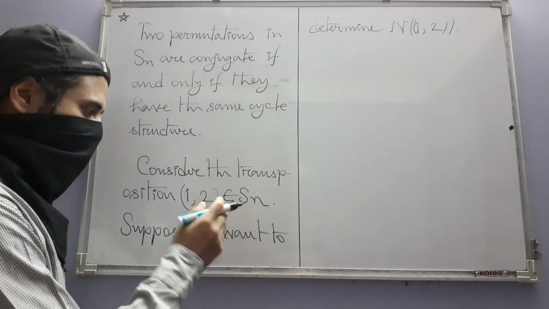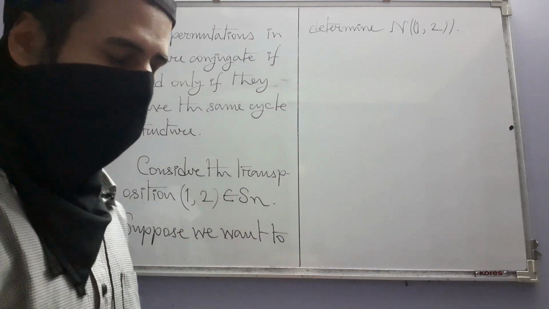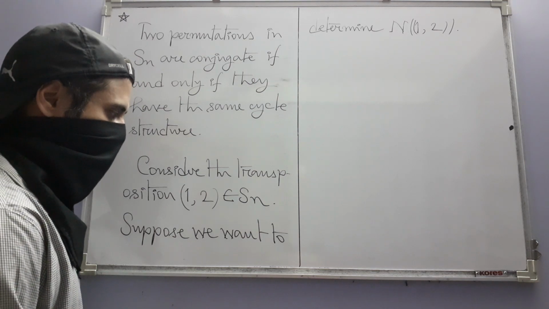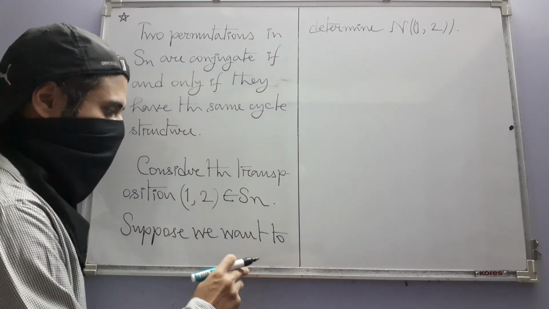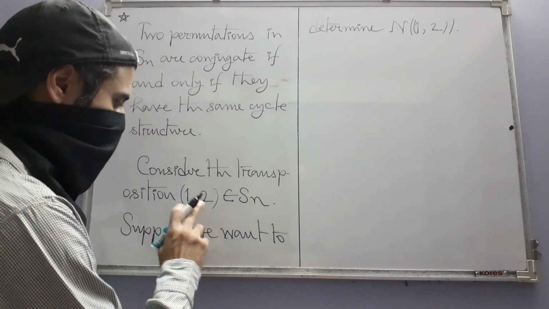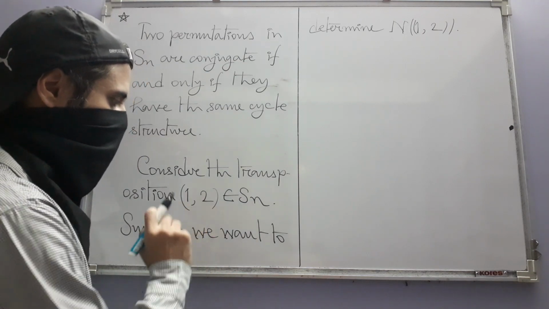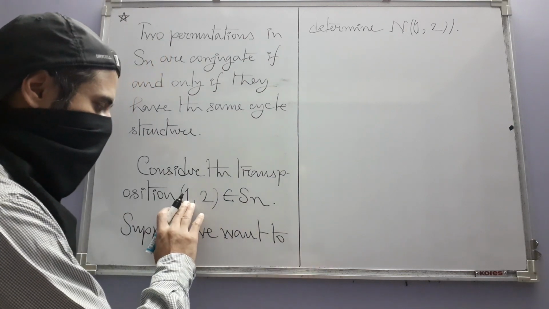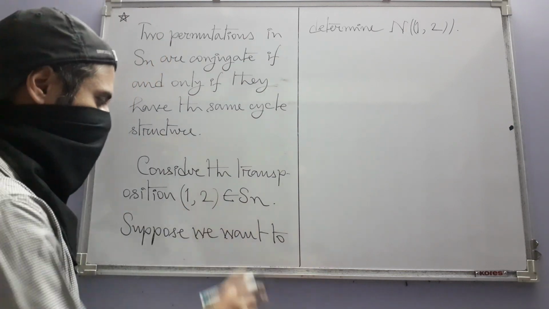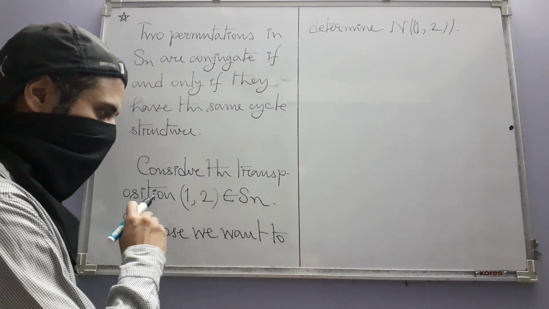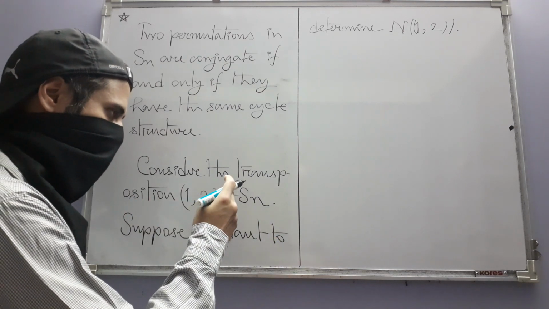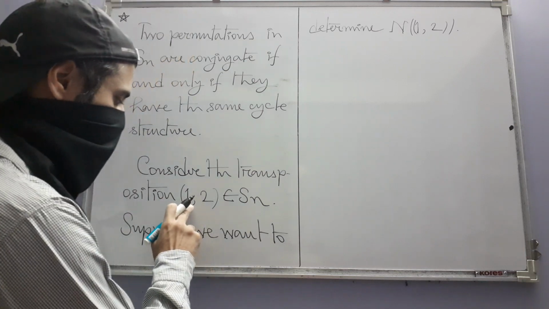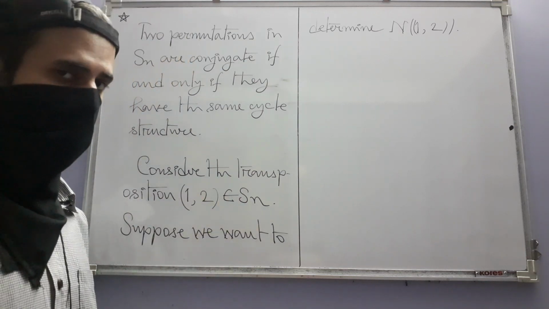Now, we already know some permutations that would commute with this 2 cycle, and they are those permutations that leave both 1 and 2 fixed. That is, they do not change either 1 or 2. If we factorize such a permutation as a product of disjoint cycles, then these 2 symbols will not appear there.